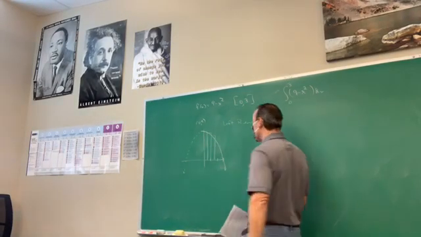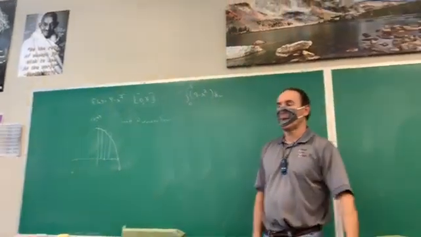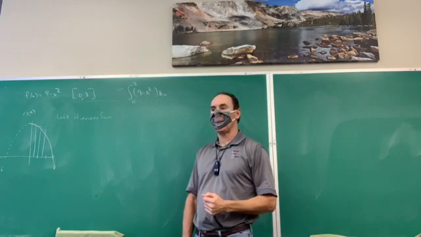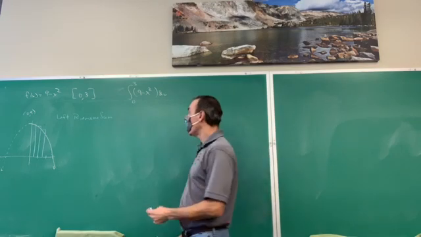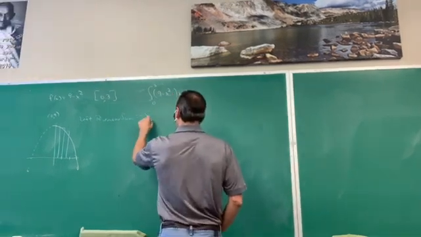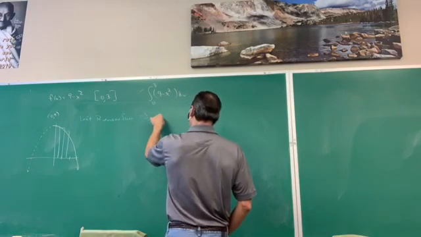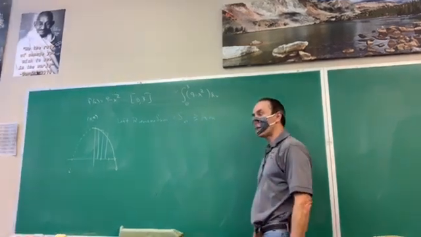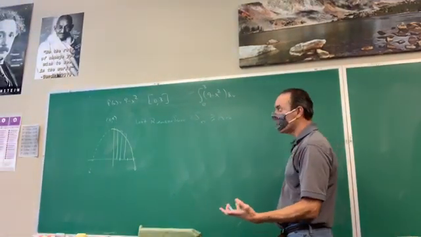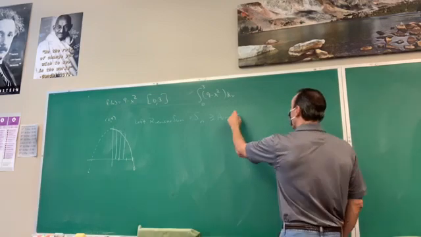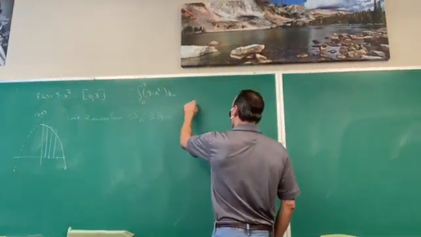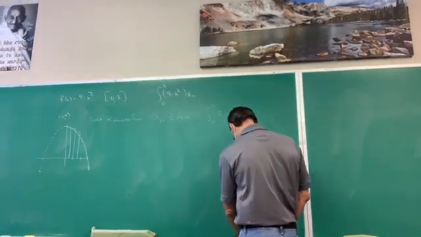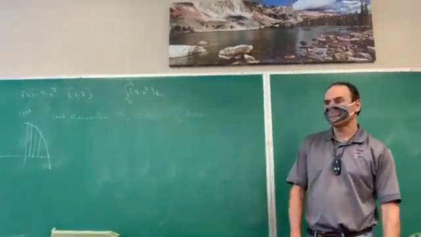So you can see, is that left Riemann sum going to be an overestimate or an underestimate? It's going to be an overestimate, right? So I'm going to call that capital F sub n, and we know that that has to be greater than or equal to the true area under the curve. And because our curve is non-negative, that is in fact equal to the integral from a to b of f of x dx. You okay with that so far?